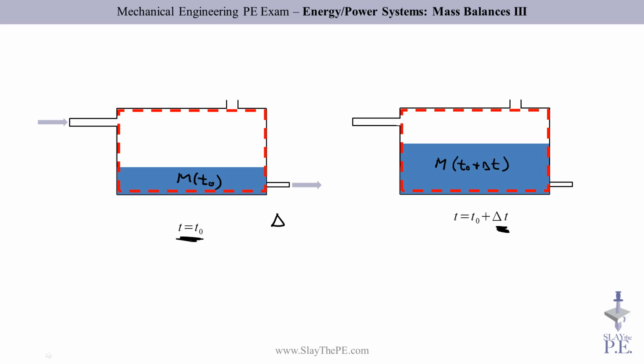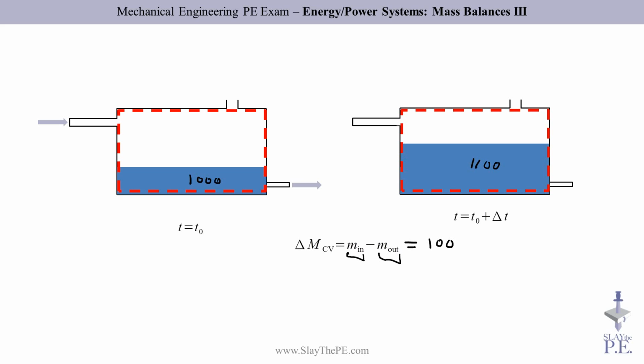The basic conservation of mass principle is that the change in the mass of the control volume, which we're going to call delta m in the control volume, is simply the difference between the mass that was deposited into the control volume minus the mass that was withdrawn from that control volume during delta t. For example, let's say initially we had 1,000 pounds of liquid, and then at time equal delta t we had 1,100 pounds.